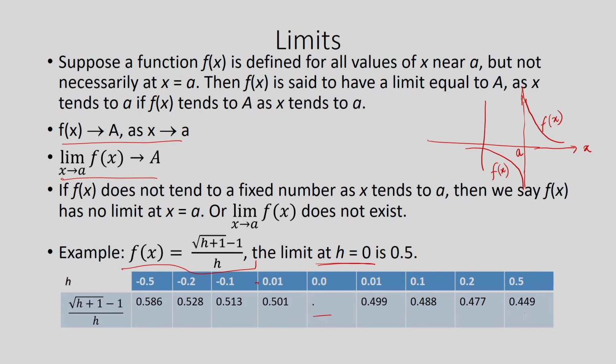So, one can guess that as h approaches 0, the value of the function f(x) approaches 0.5, because from both sides as h is approaching 0, that is the idea of limit, the value of the function becomes very close to the value 0.5.